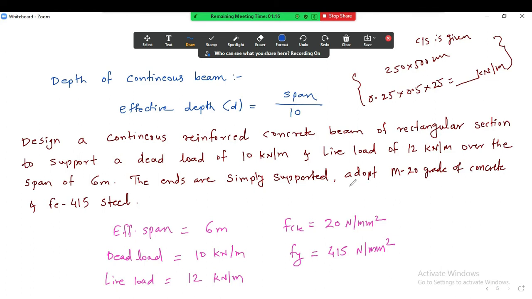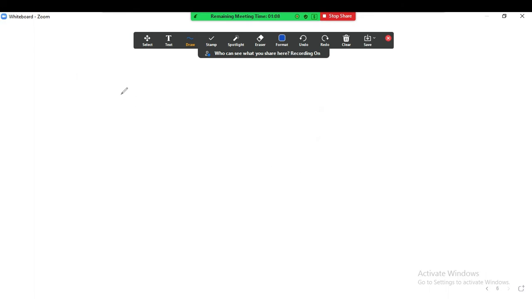So for the continuous beam, we will assume span to depth ratio as 10, as we have discussed earlier.